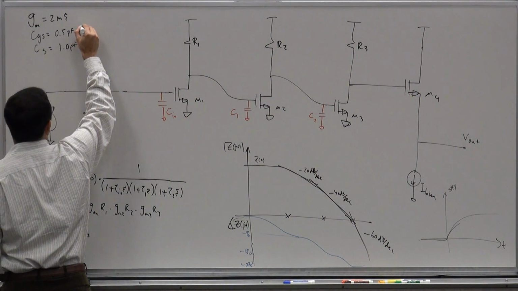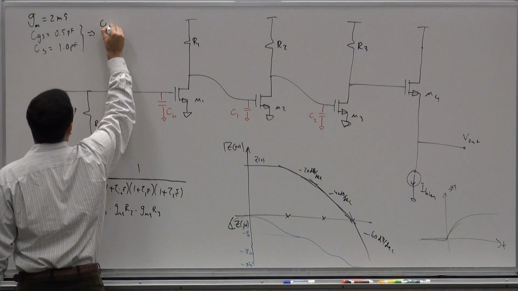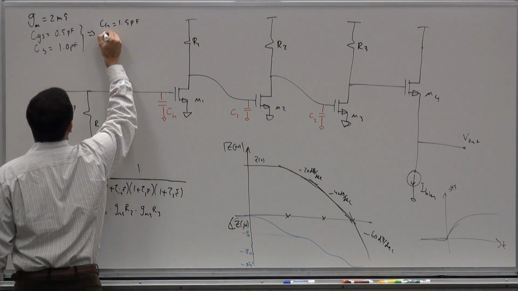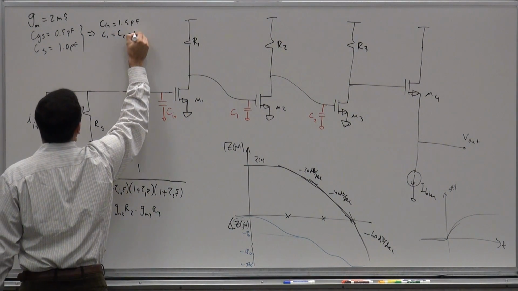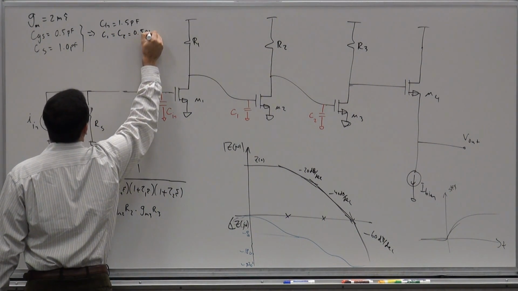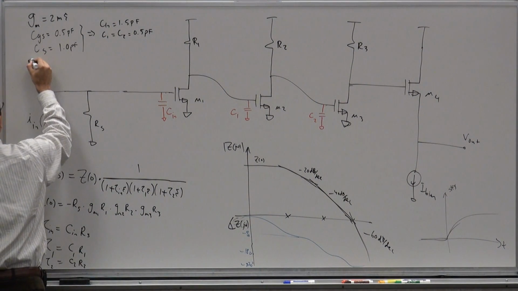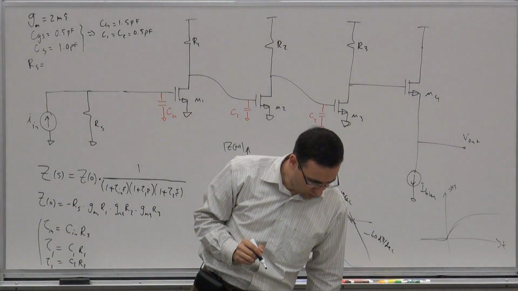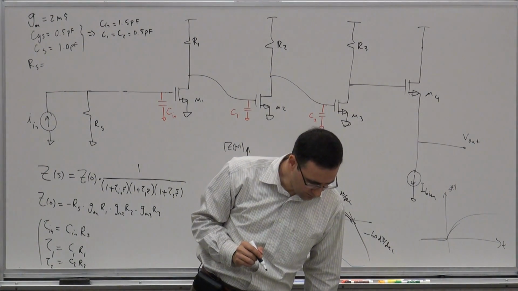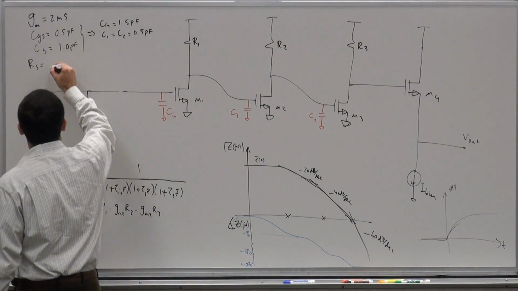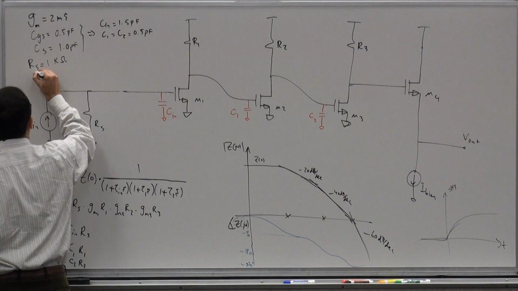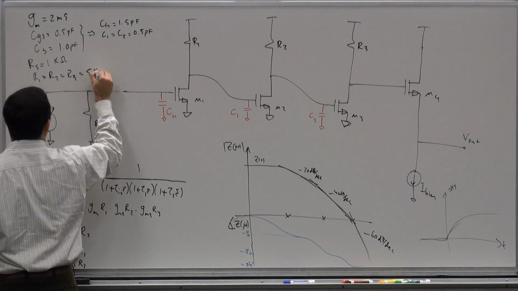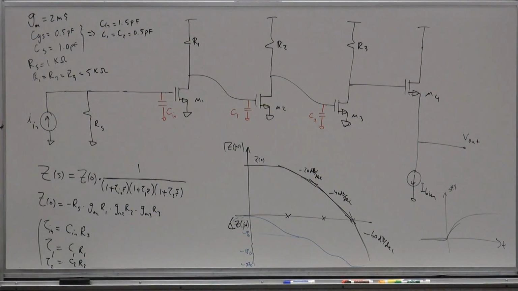So that gives you a Cn, which is the sum of these two, of 1.5 picofarads, a C1 and C2 of 0.5 picofarads. And then an Rs of 1 kilo ohm. And then R1, R2, those resistors, are all 5 kilo ohms.